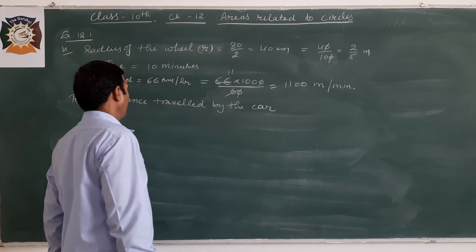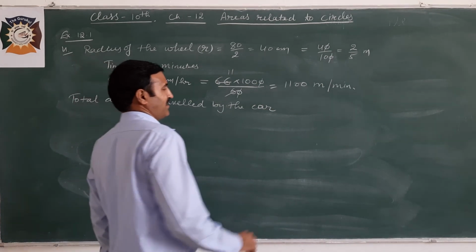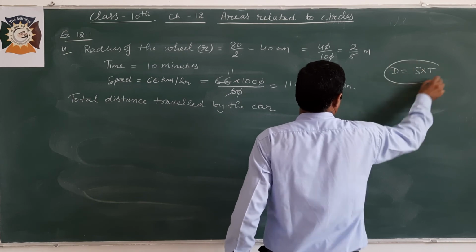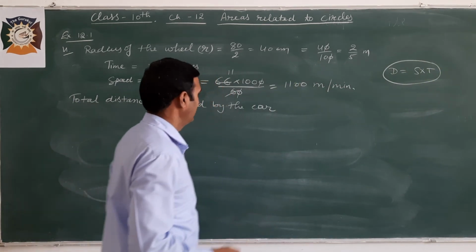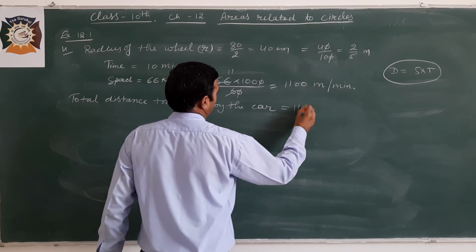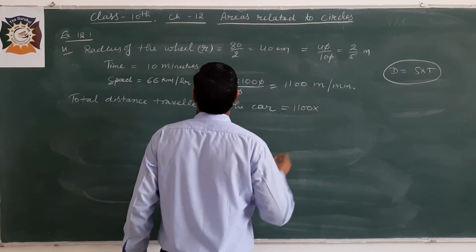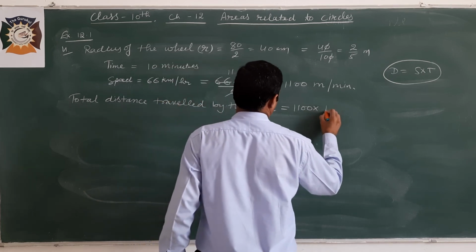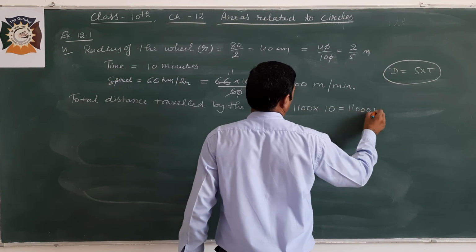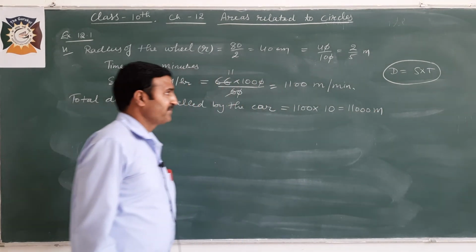We know the formula for distance, because distance is speed into time. So speed is 1100 and time is 10 minutes, that is 11,000 meter total distance.